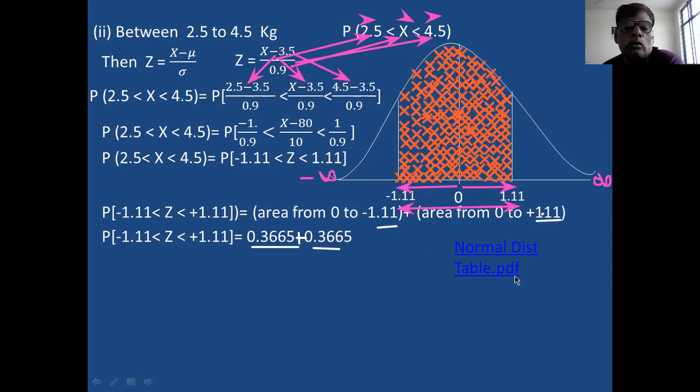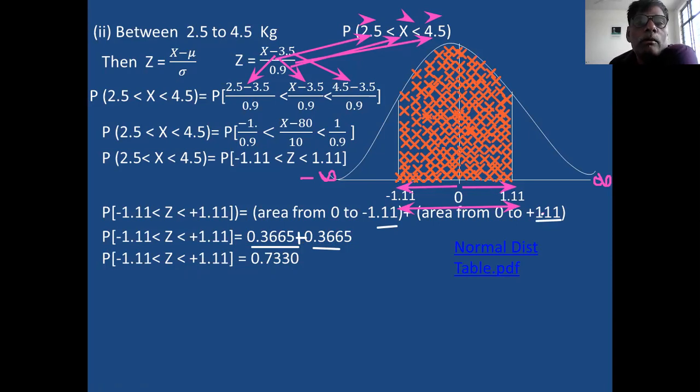If you take the total, your answer is probability of Z greater than minus 1.11 and smaller than plus 1.11 is equal to 0.7330. This is the probability.